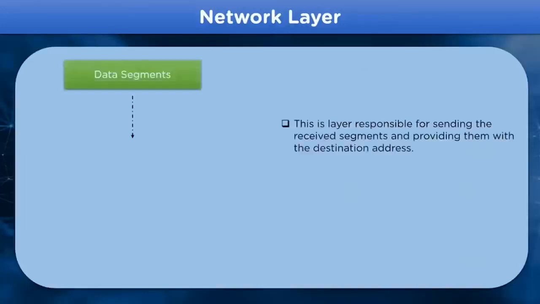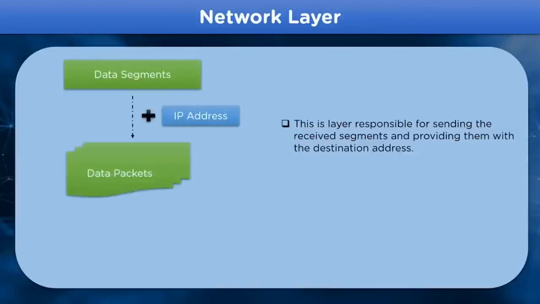Now let's move on to the network layer, which is the third layer from the bottom in the OSI model. This layer is responsible for breaking down the segments received from the transport layer into data packets by adding IP addresses to them.